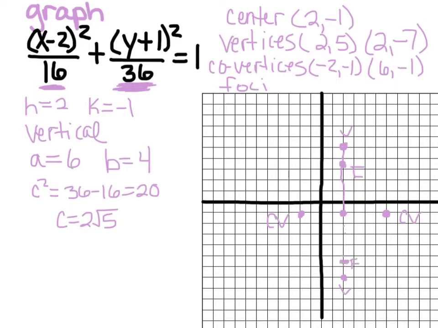But when you write these down, you're going to have to say they're both at 2, comma, and then the y's both started at -1, so I'm going to say -1, and then we went up and we went down, so I'm going to say plus or minus 2√5, like that. So everything's plotted, everything's written down. Let's connect the dots. And we have our ellipse.